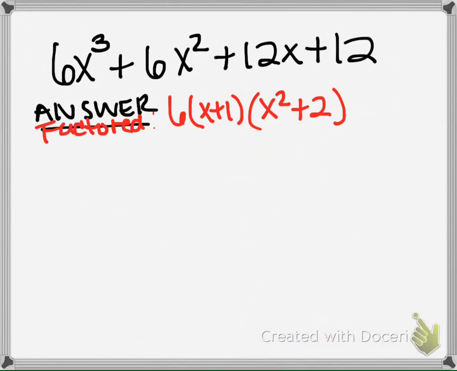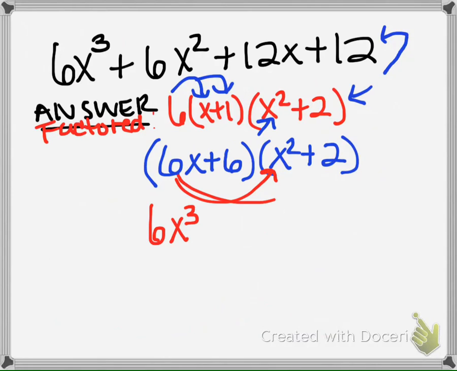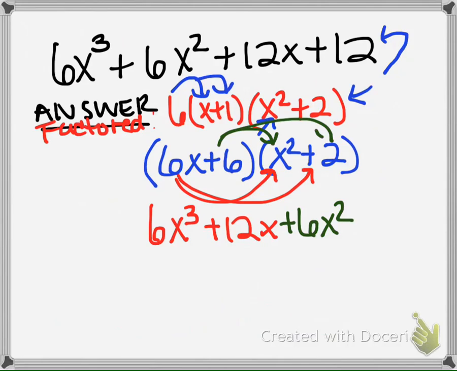So let's say we want to check our answer. Does this really factor or multiply to this? So to check it, we would distribute. And then we would take that and multiply it by all of this. So now we have 6x times x squared, 6x times 2, 6 times x squared, and 6 times 2.